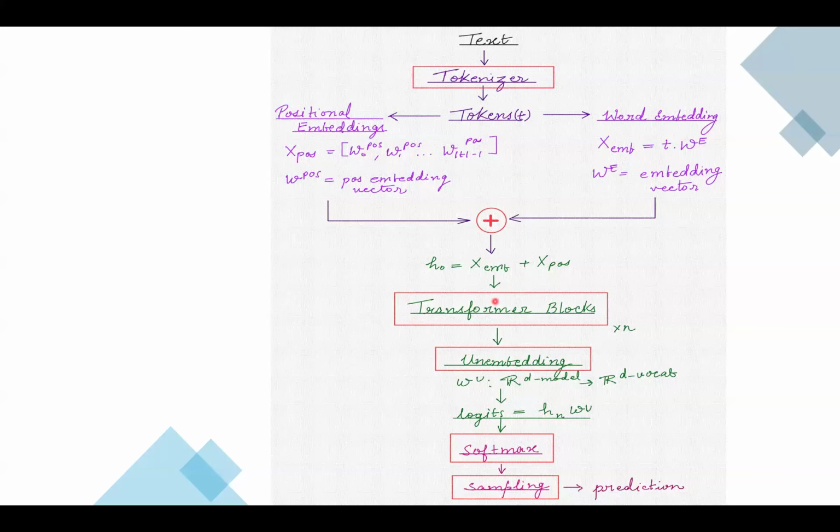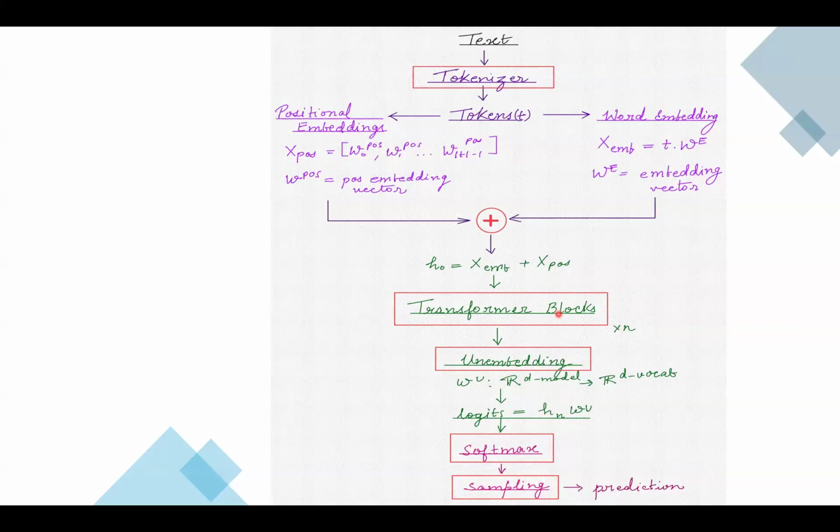Now, this goes into the transformer blocks. As of now, we are treating the transformer block as a modular operation. I will explain the transformer block in upcoming slides, but for now, this will go through n such transformer blocks. In the starting models like GPT-2 or GPT-J, there were 12 to 32 transformer blocks.